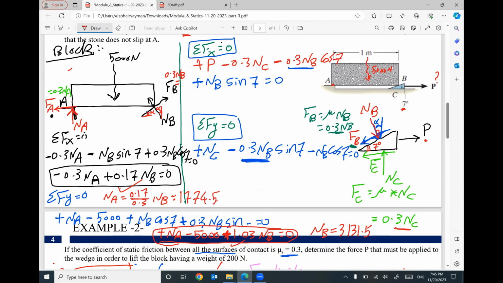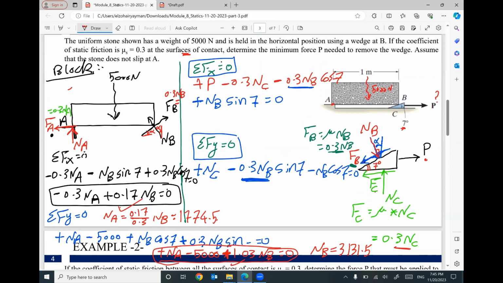If you go back to the first part for the block, for the wedge, I'm sorry, the value of NB is 3,131.5.